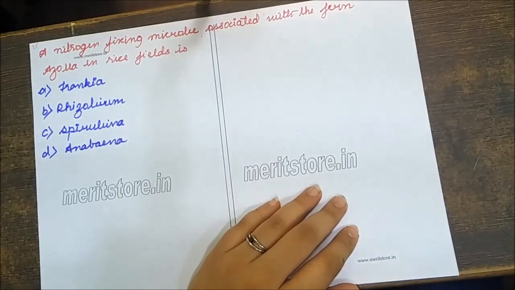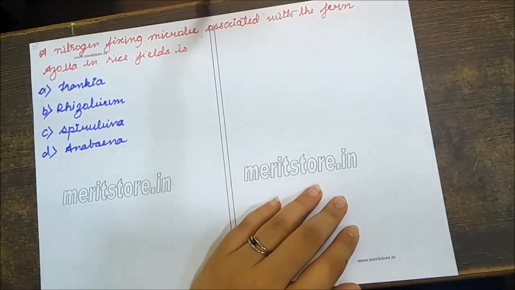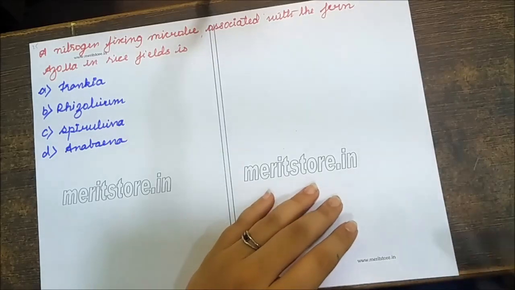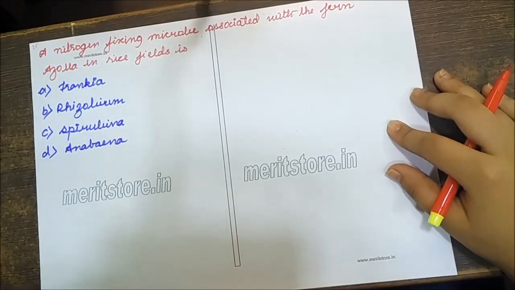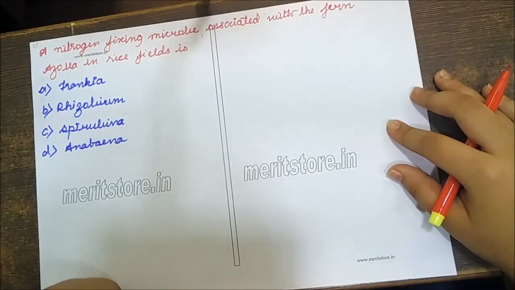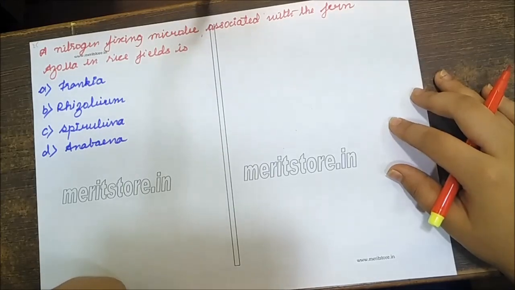Let's move on to the next question. A nitrogen fixing microbe associated with the fern Azolla in rice fields is Frankia, Rhizobium, Spirulina or Anabaena?